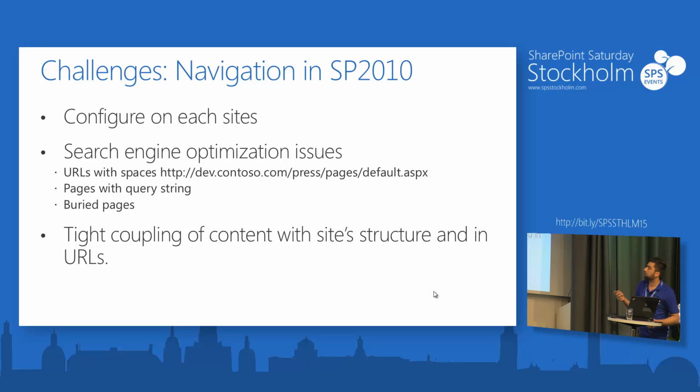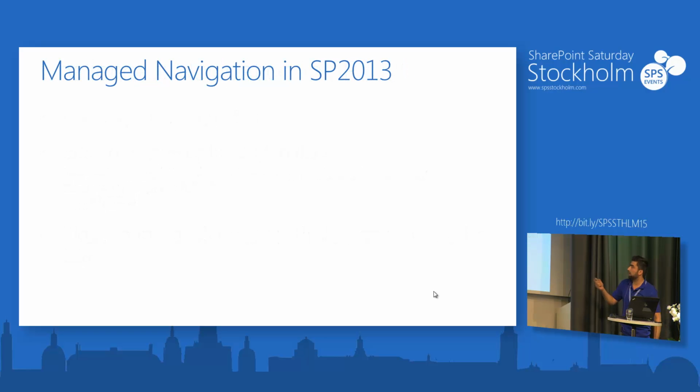So you get the tight coupling of the content. For example, your content was very tightly connected with your navigation. So that means that you have the tight coupling, or it's strictly connected. The content and the pages are strictly connected, so you cannot easily move your navigation or the pages around while preserving the navigation.